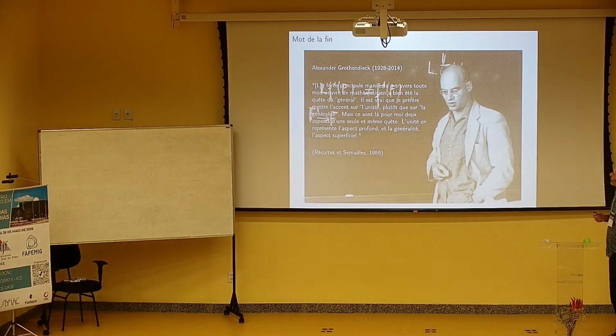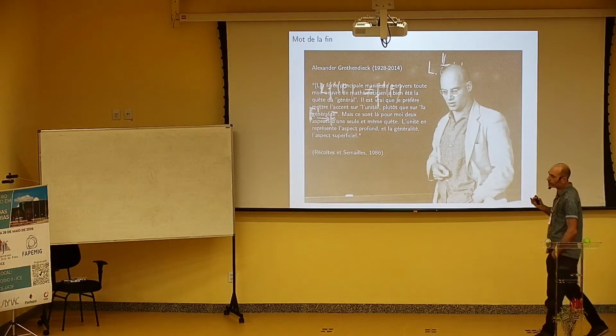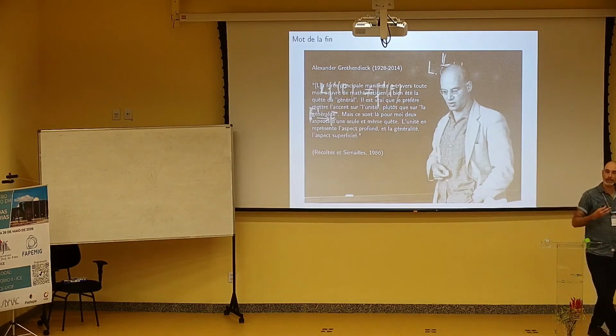He says that the main force that you can see through all my work as a mathematician is the quest for the general. But actually what I want is to put stress not on the general, but on the unity.